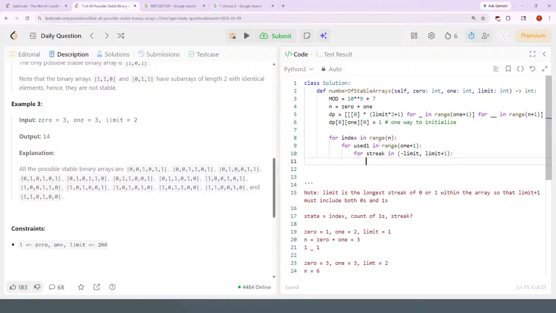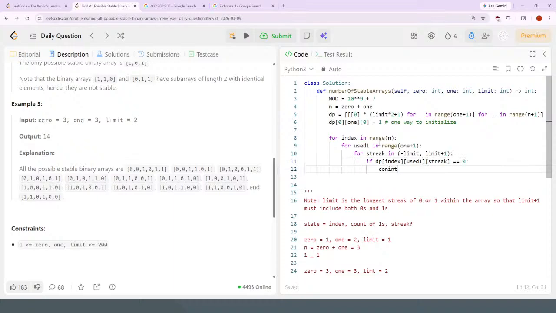Yeah. Okay. If the number of ways to get to the state equals 0, then skip it.